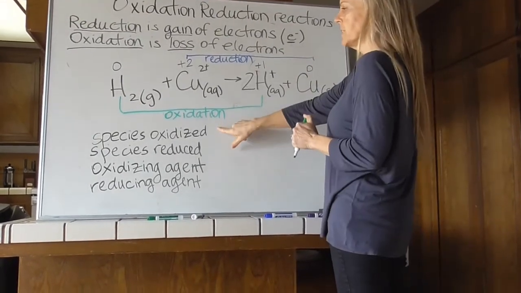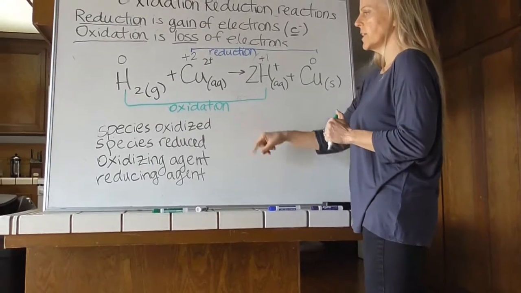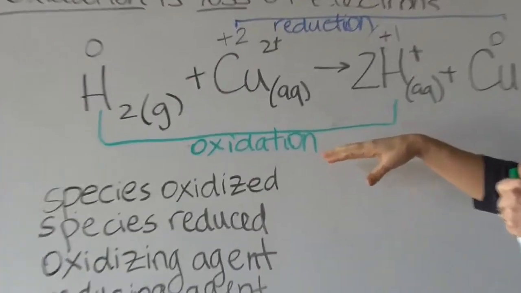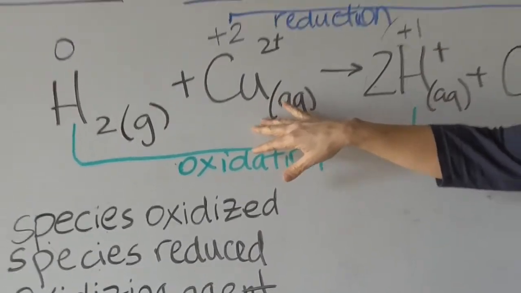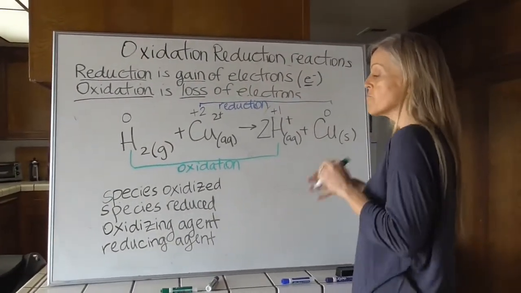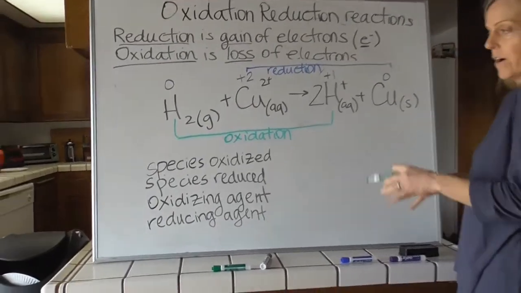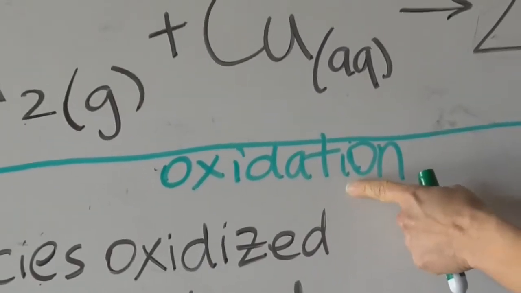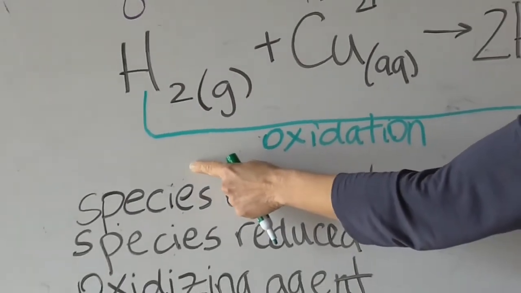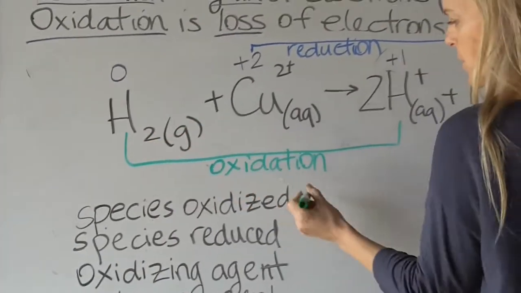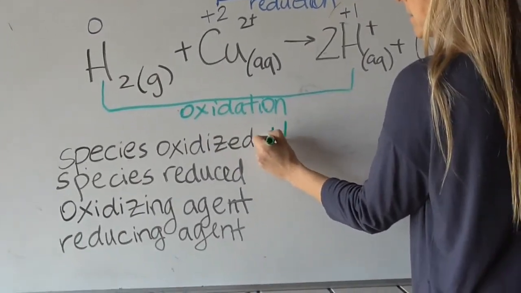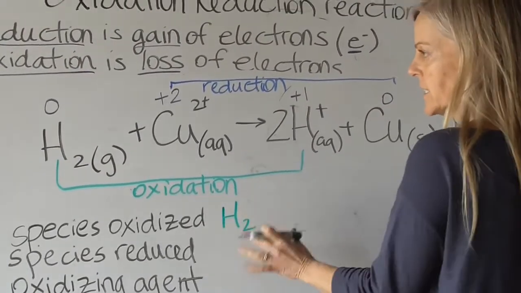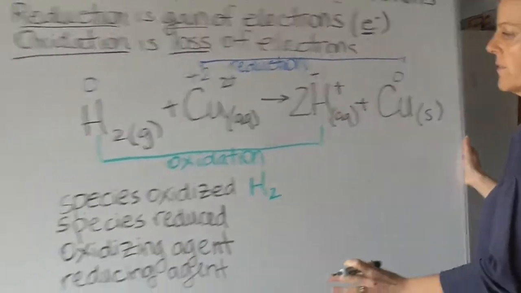So our species, remember the species are just elements. If the elements are combined with each other, it's just the individual elements, but you have to write them as they are. So for the species oxidized, you look at the oxidation reaction. It was H2, because that's just the element, not combined with another element, and that is how it exists as itself.